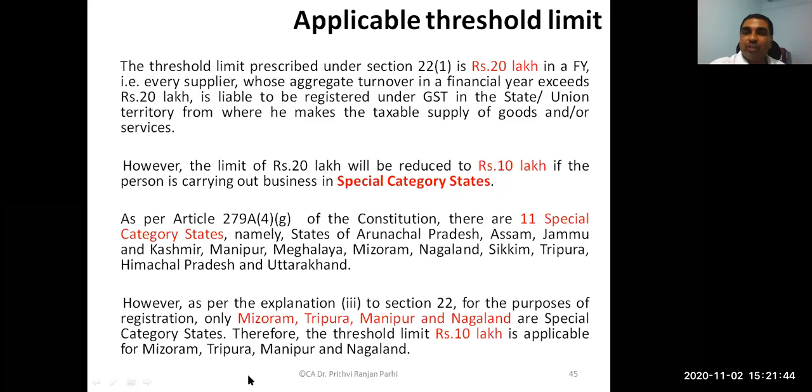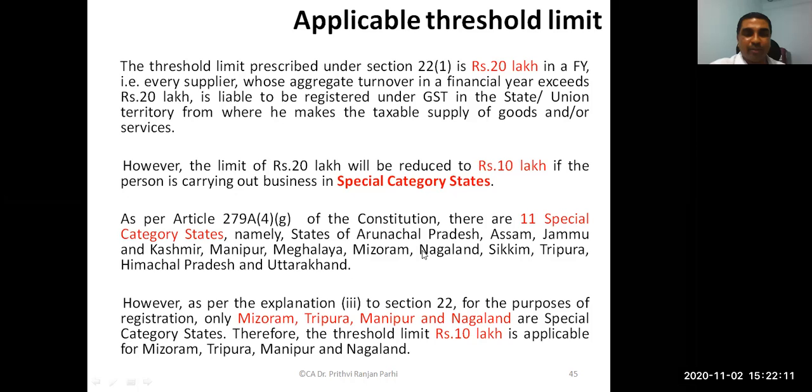So broadly, so far we have discussed what the applicable threshold limit is. Now we'll discuss a little more on that. As you know, the threshold limit as defined under section 22(1) is 20 lakh for every supply. And if the supply is from a special category state, then the limit is 10 lakh.